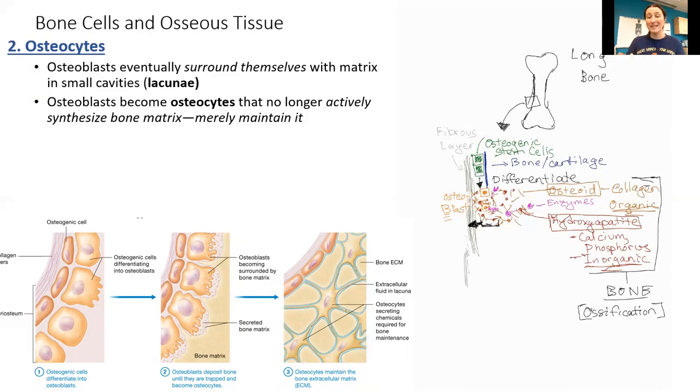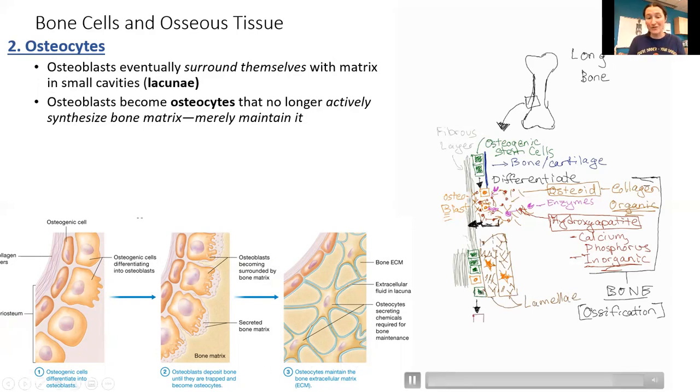And so as we can see in the animation off to the right, osteoblasts are secreting all of this osteoid onto the surface of the bone, just deep to the periosteum. And they're so good at this that they actually put osteoid, and therefore bony tissue, on all sides of themselves. And so the osteoblasts get trapped in this new extra layer of bony tissue on the surface of the bone.